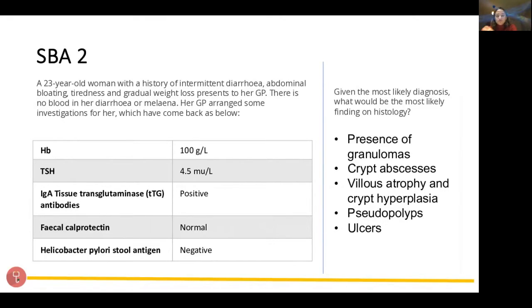This is one of the questions where, if I was in an exam, I'd be like, yes, I know what it is. And then it's a second stage question, which is, given the most likely diagnosis, what would be the most likely finding on histology? So would it be the presence of granulomas? Would it be crypt abscesses? Would it be villus atrophy and crypt hyperplasia, pseudopolyps, or ulcers?